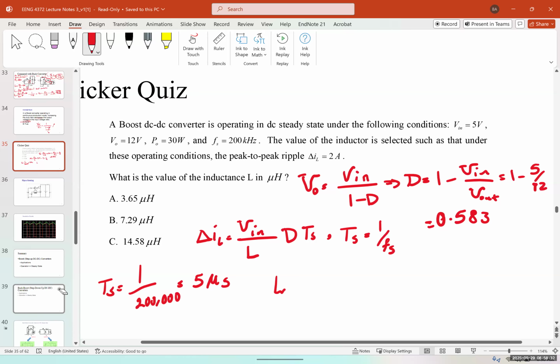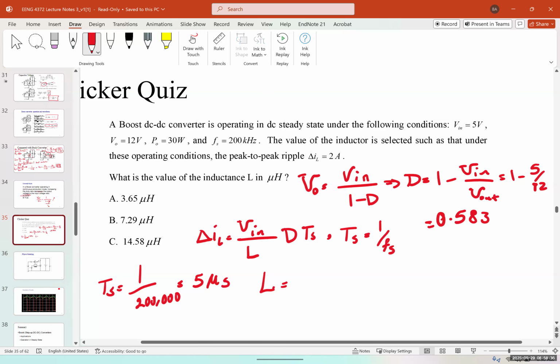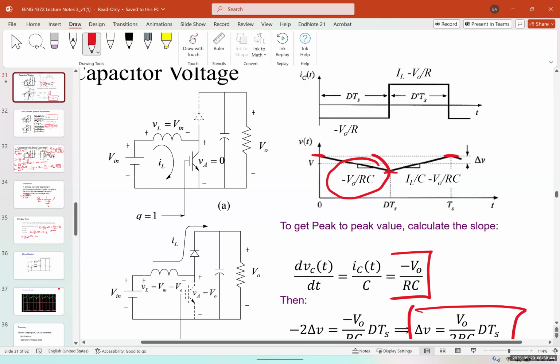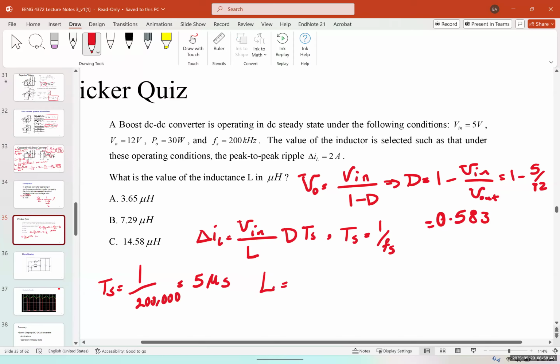Now, let's solve to find L. According to this equation here, L is Vin D Ts over delta IL. Again, multiple ways to solve it. This is one way.